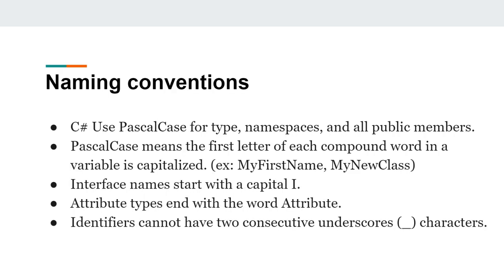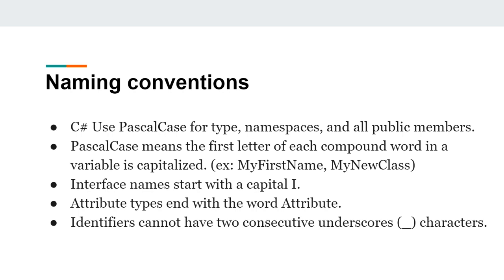Naming conventions in C Sharp. C Sharp uses Pascal case for types, namespaces, and all other public members. Pascal case means the first letter of each word component in a name is capitalized.